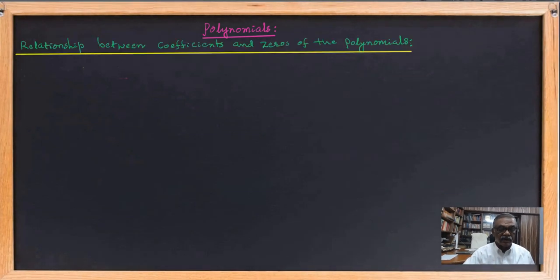Since a polynomial of degree n has n zeros, we are going to establish the relations between the a_i's and alpha_i's here. Now first let me consider the relations for the linear polynomial.